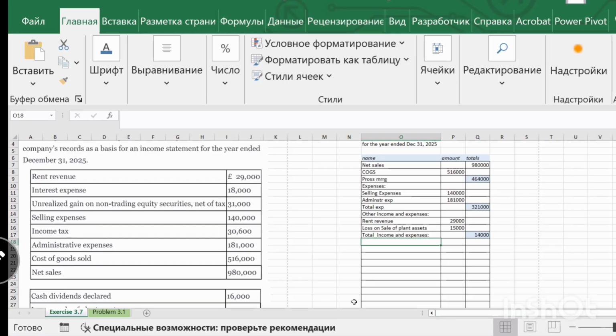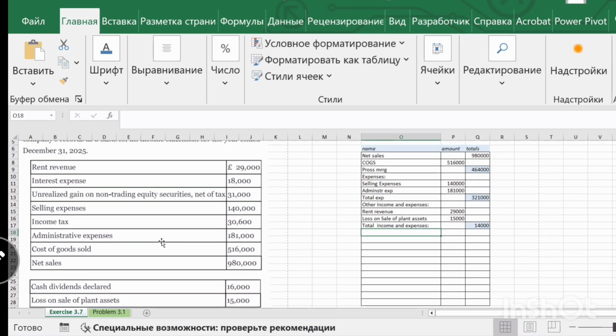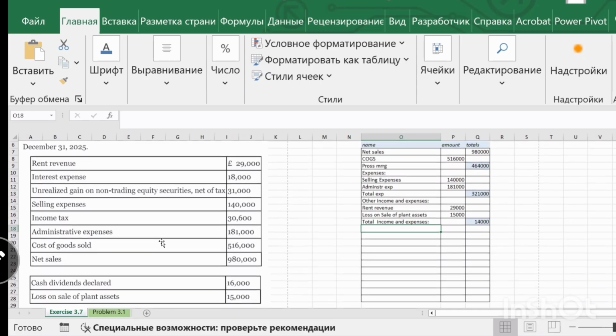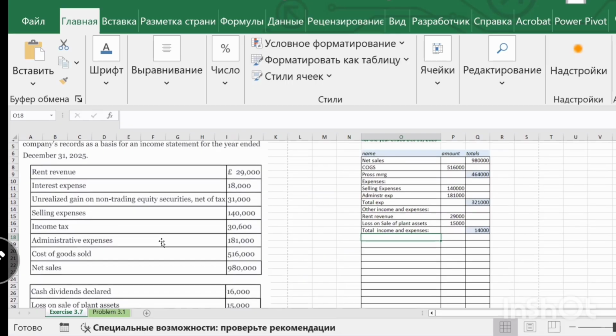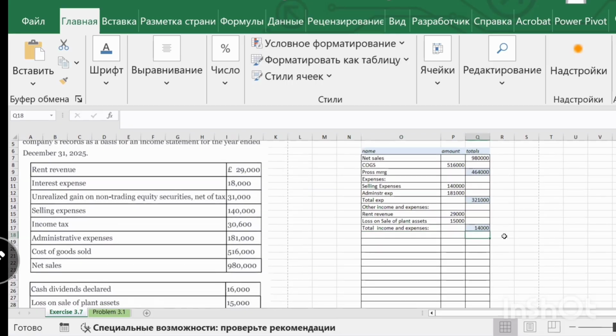Administrative income tax, rent revenue. Where is interest expense? Okay.